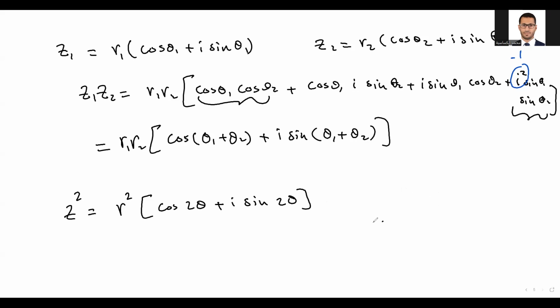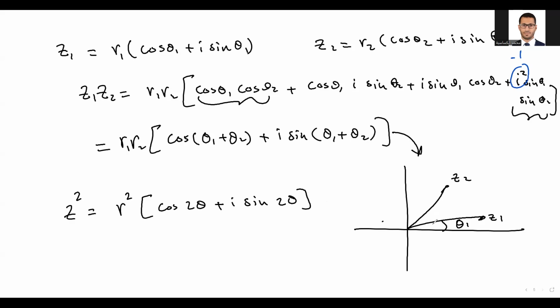So let's see how it happens for two complex numbers. We have z1 and z2, with angle theta 1 and angle theta 2. The product has length r1 multiplied by r2, and the angle of inclination is theta 1 plus theta 2.